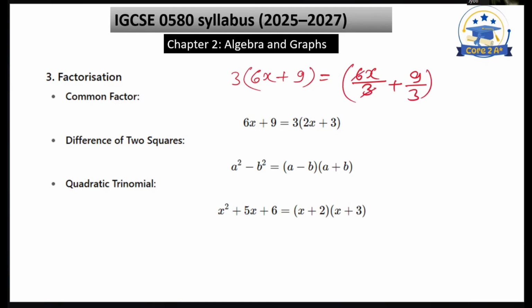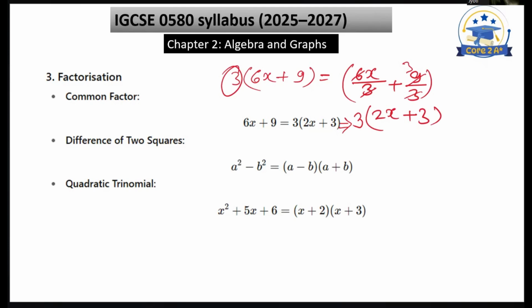If you solve this, 2x plus 3, right? And that means, we are dividing by 3. That's why the answer is this.